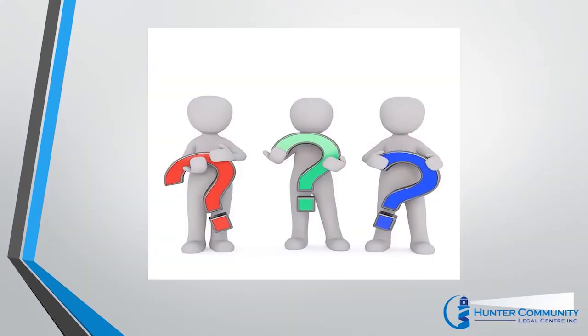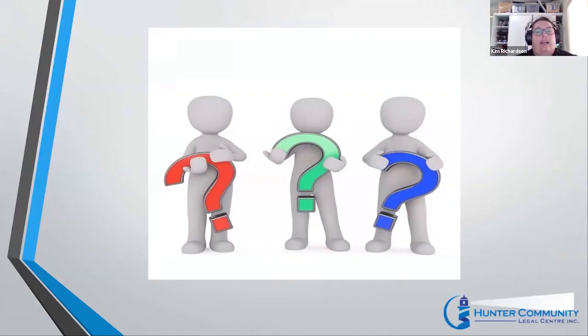Now, questions. There are a couple of questions, well, there's one in relation to repairs. The question is, who will pay the repair money, the tenant or the landlord? If a tenant or their guest has damaged the property, then the tenant would be responsible to pay for that repair.